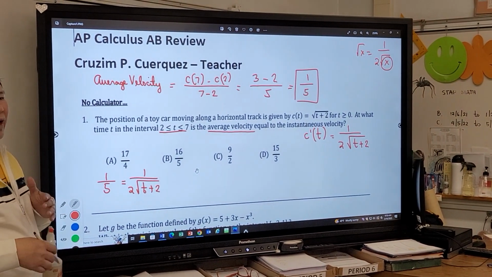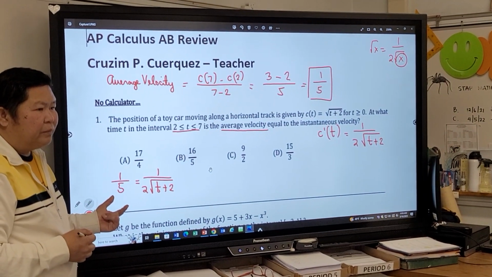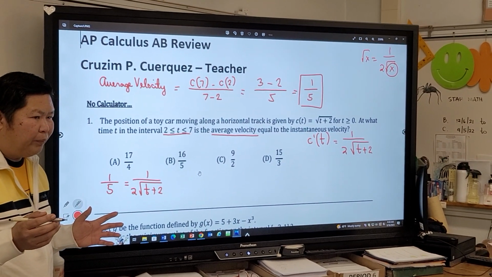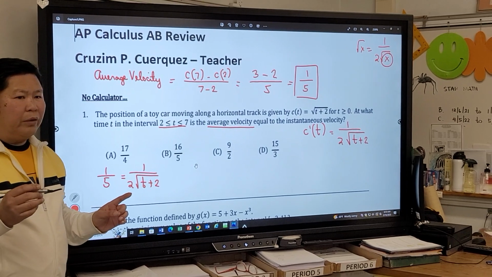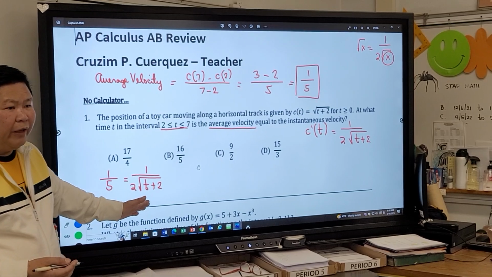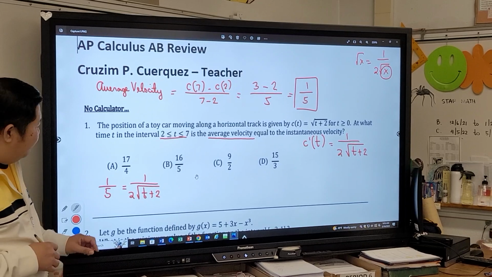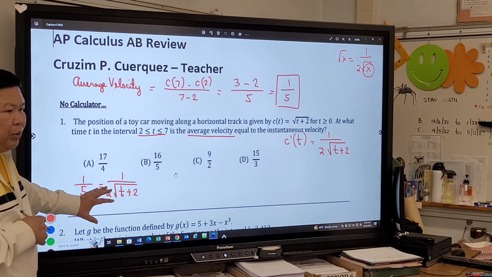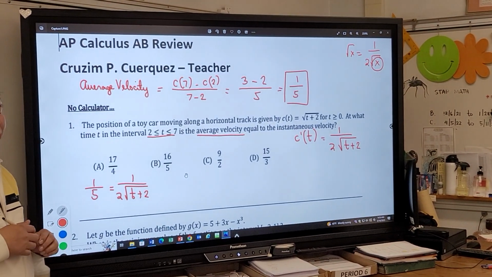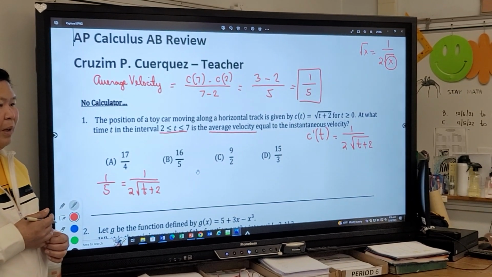And then remember last time what we do? If both are fractions, cross multiply, or another term, we are going to reciprocate both sides, right? If we reciprocate 1 over 5, that becomes 5. If we reciprocate 1 over 2 times the square root of t plus 2, that becomes 2 times the square root of t plus 2.